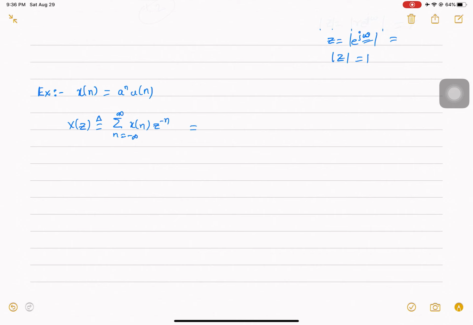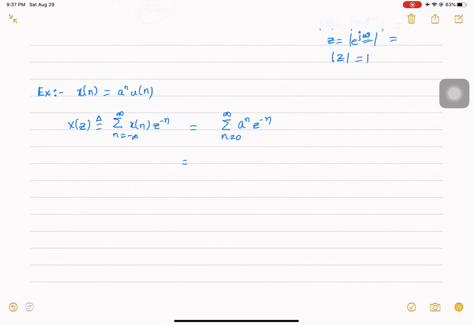Since a power n is multiplied by u of n, you can split it: n equal to minus infinity to minus 1, x of n z power minus n, plus n equal to 0 to infinity, x of n z power minus n. The first term will go to 0 because u of n equals 0 for n less than 0. So this will become n equal to 0 to infinity a power n z power minus n.